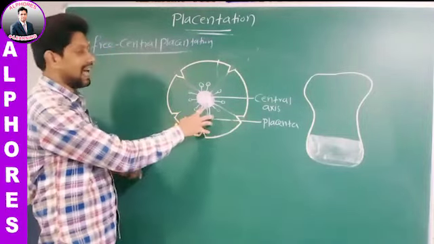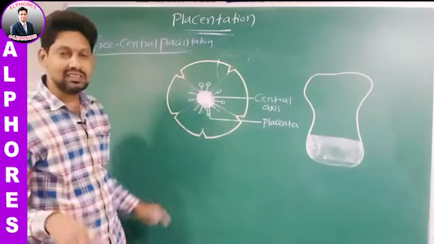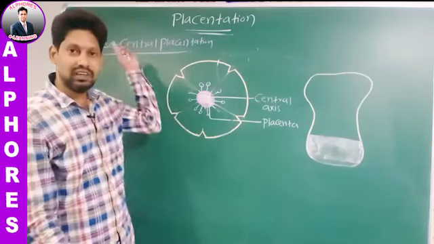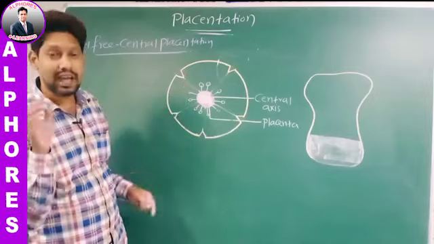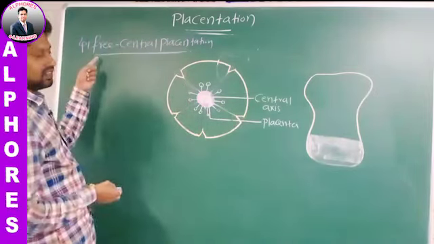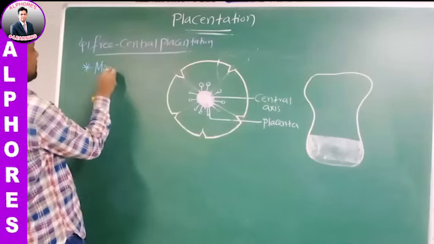Now this is the diagram for free central placentation. Therefore, free central placentation is nothing but modified axial placentation, formed by disintegration of septa.